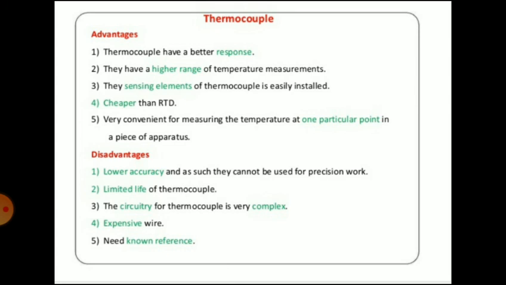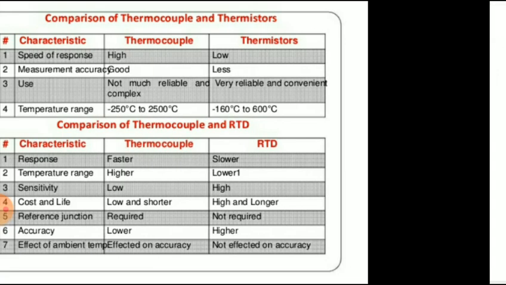Disadvantages: lower accuracy, and as such they cannot be used for precision work. Limited life of thermocouple. Then the circuitry of a thermocouple is very complex, the wire is expensive, and it needs a known reference.